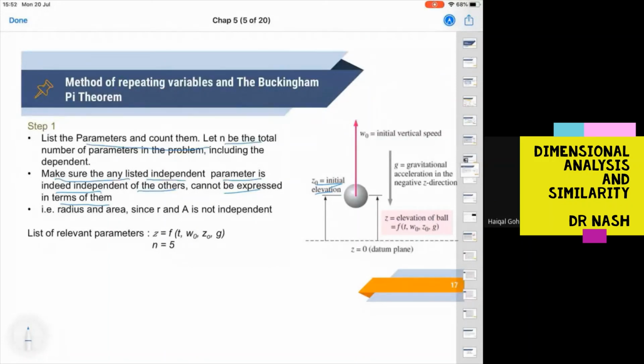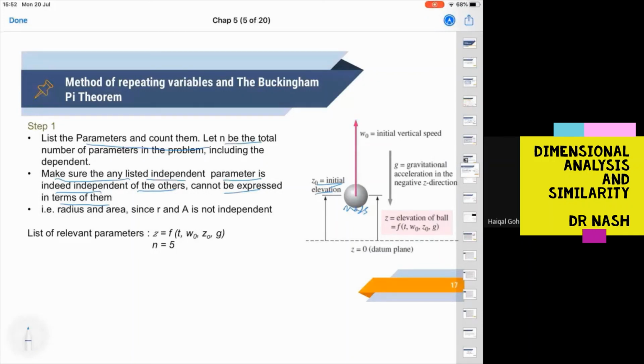Faham ke? Maksudnya apa? Ingat ayat dia berkata sekali lagi. Make sure any listed independent parameter is indeed independent of the others. Faham tak? Contohnya, let's say ball ni, dia ada specific mass dia, berat dia. So they have specific mass, the kilogram of the ball. So definitely they have specific radius, right?